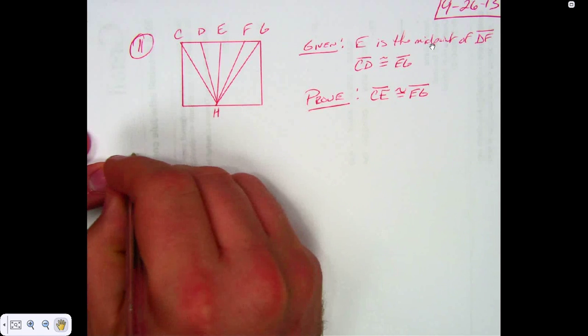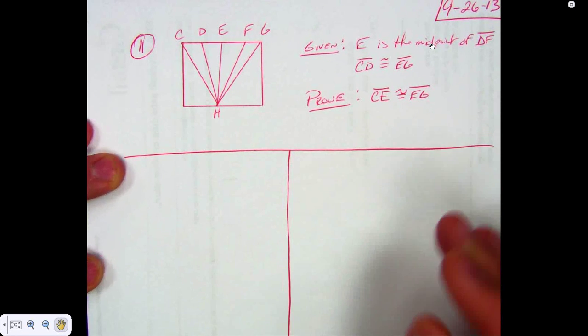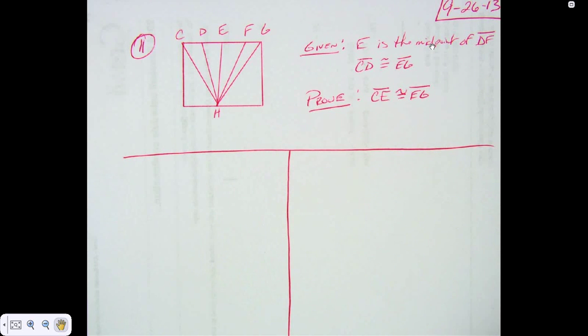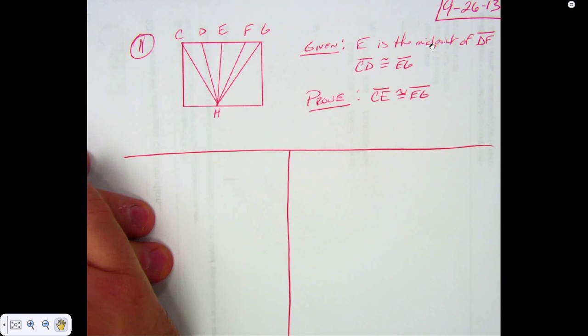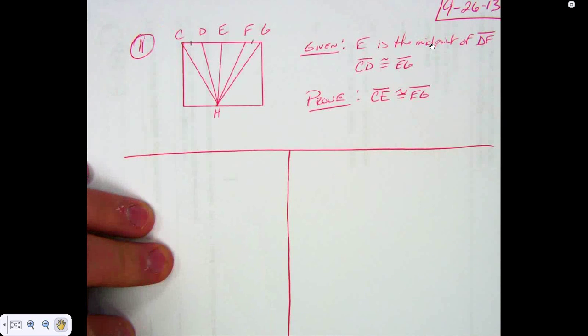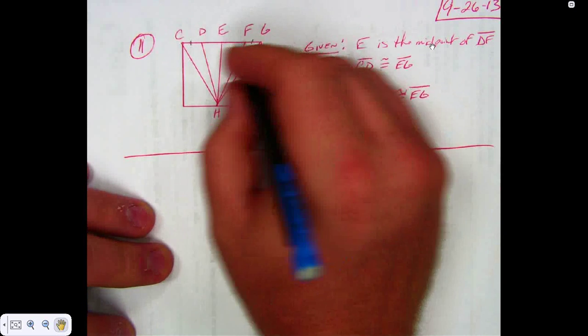Okay, this one's going to be interesting. They've told us that this is congruent, correct? Everyone agree? And they've told you that E is the midpoint between those two.